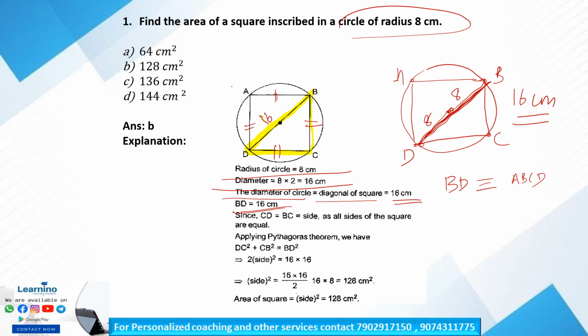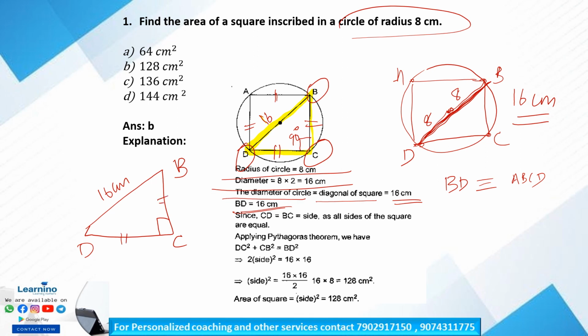Considering triangle BDC, the sides CD and BC are equal, with angle C equal to 90 degree. So this forms a right angle triangle. BCD is a right angle triangle with hypotenuse BD 16 centimeter, and the sides CD and BC are equal.